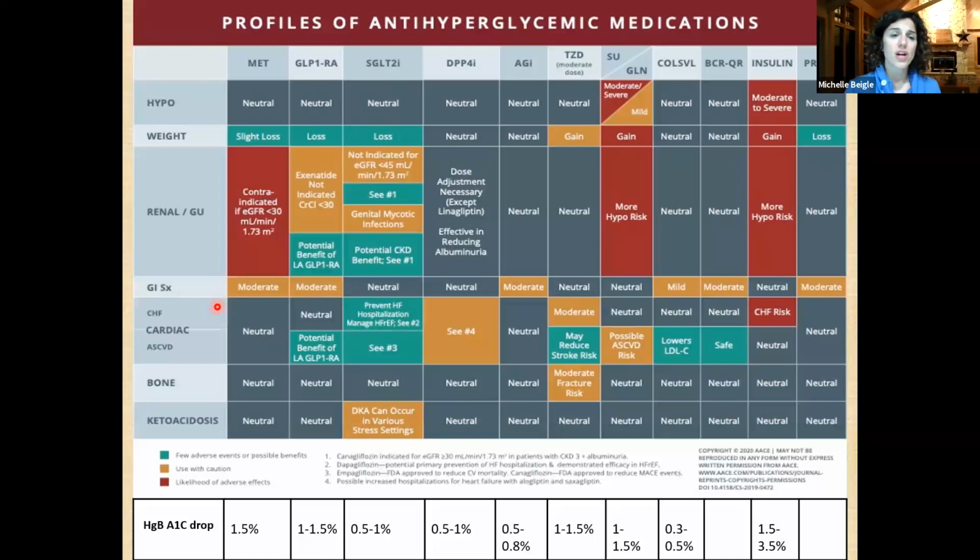And then as far as hemoglobin A1C drop, you can see that we'll get about a 1.5%. So overall, slightly better favorable outcomes. It decreases your insulin resistance, stops the production of glucose in the liver, and is generally pretty well tolerated. So when we talk about medications, this tends to be our first line medicine.